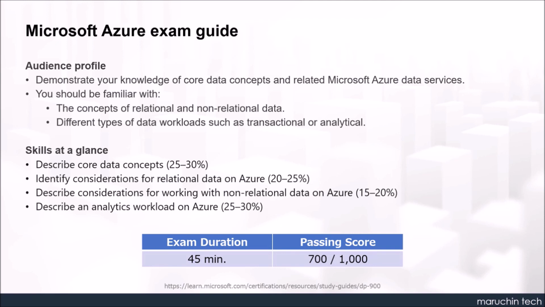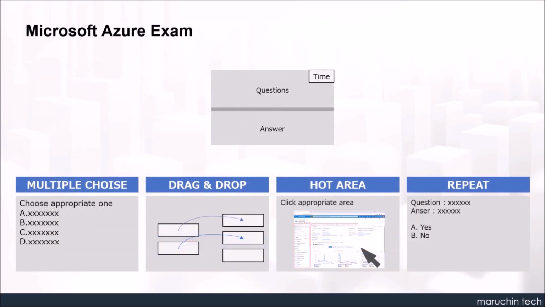The exam is worth 1,000 points and the minimum passing score is 700. The exam has multiple choice, drag and drop, hot area, and repeatable patterns. There are multiple exam formats, but you don't need to do any special preparation.